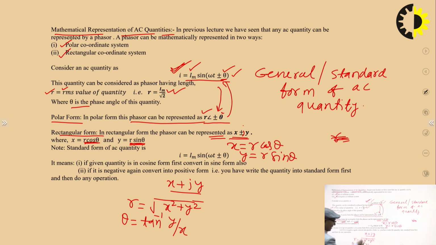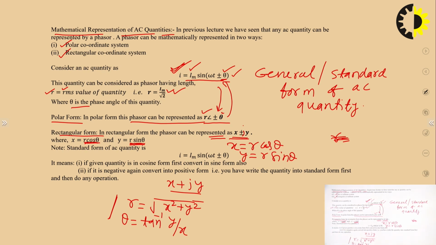When x and y are known, we can find r and theta and represent the given quantity in any form. From the sinusoidal form we can write polar form and rectangular form. Similarly, if the quantity is given in rectangular form, we can go to polar form or to sinusoidal form.